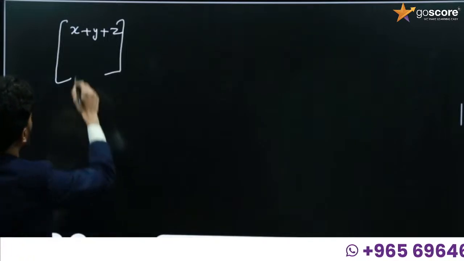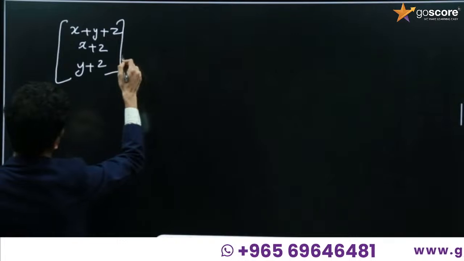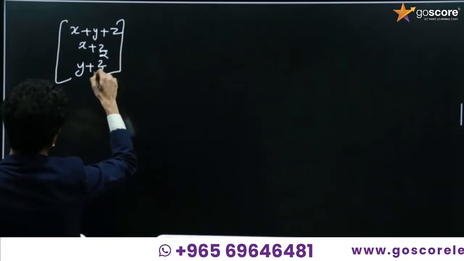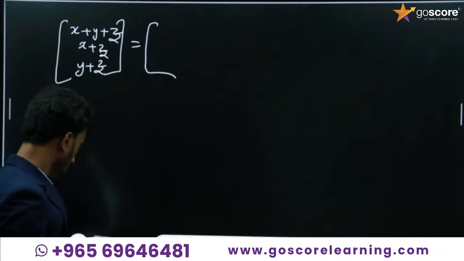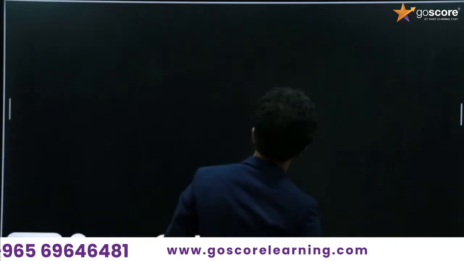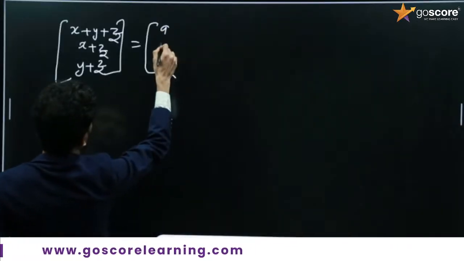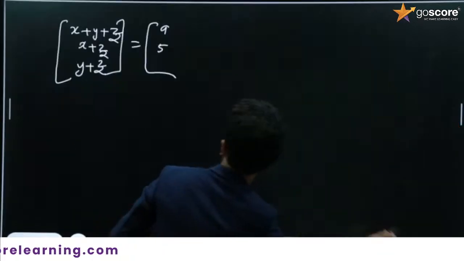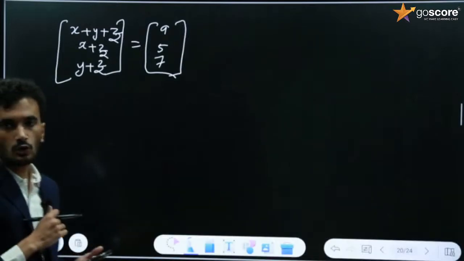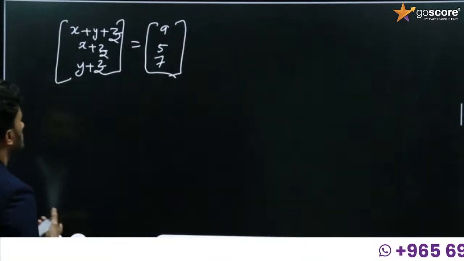Then second one, x plus z and y plus z is equal to what are the values? 9, 5, not 4. I think it is 7. Yes, 7. So they are equal. They are equal matrices.